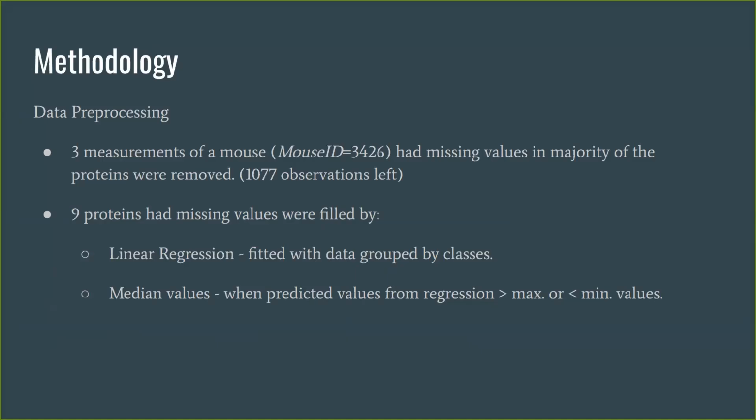From the data pre-processing work we have done, we have just dropped 3 missing observations because there are a lot of missing values. Then the remaining missing values, we have replaced using the linear regression method as well as the median values.